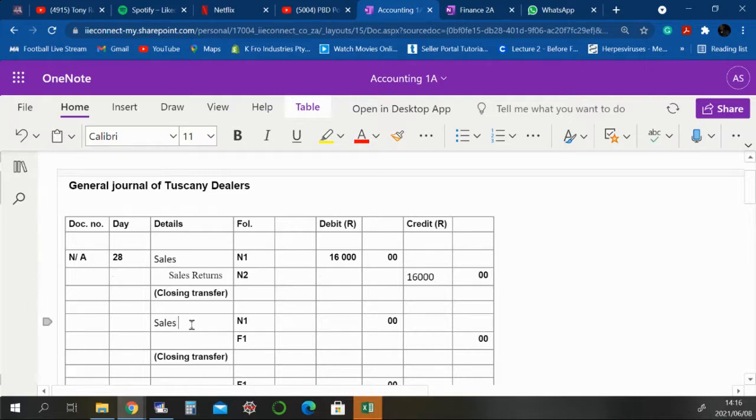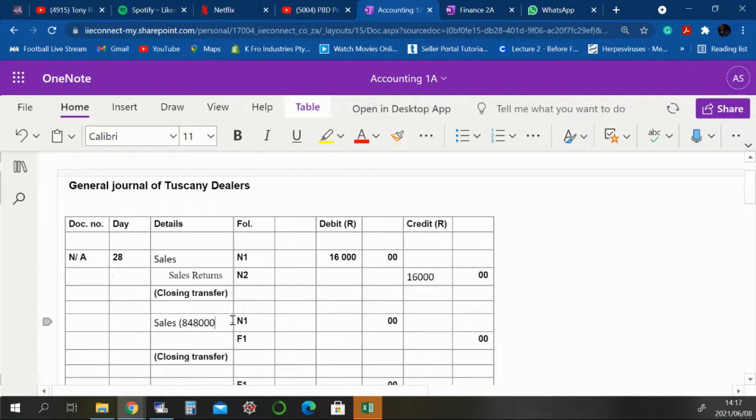All right, but now we also need to calculate how much we are actually posting to the trading account. So is that the difference between the sales and the sales return? Exactly. I don't want the 832 yet. I want us to actually calculate it first. So the total balance for sales is 848,000.